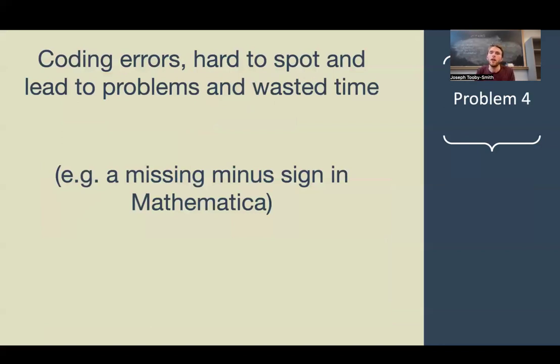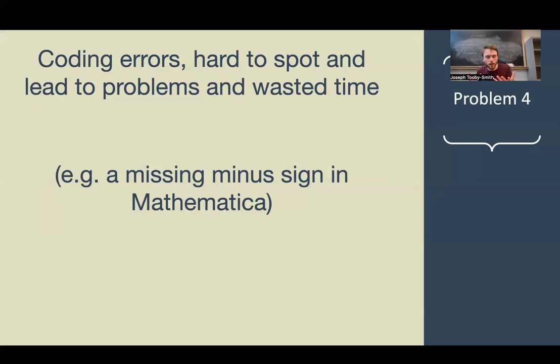Problem number 4 is somewhat different to the other ones in a sense. It's that there are coding errors in high-energy physics. Most high-energy physicists use something like Mathematica, maybe Monte Carlo simulations, event generators, basically code that people have written.